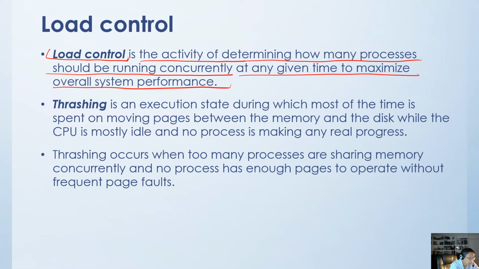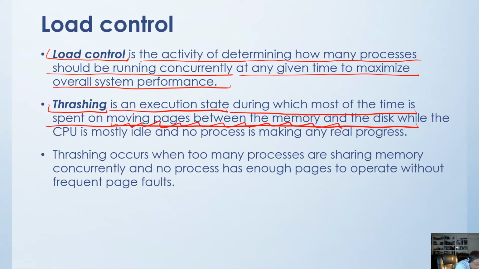Now, if the number of page faults increases to the point that most of the time the operating system is spent moving pages between memory and the disk, in other words, the CPU is spent on page faults, that's called thrashing. So thrashing is an execution state during which most of the time is spent moving pages between memory and disk.